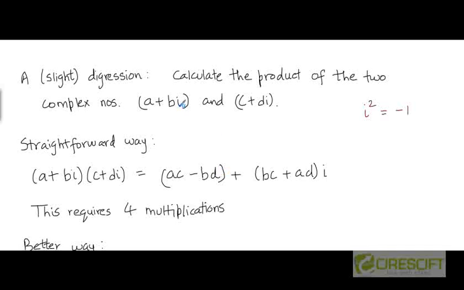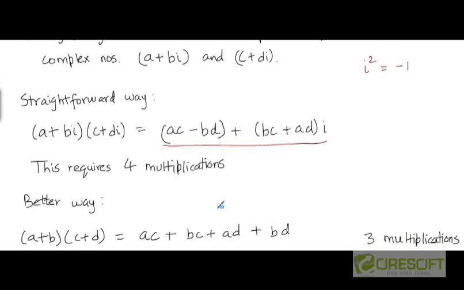The other two terms will make up the imaginary part of the product. a multiplied by di would be adi, and bi multiplied by c would be bci. So if we take i common, the imaginary part of the product is bc plus ad. So this is the product of two arbitrary complex numbers, a plus bi and c plus di.